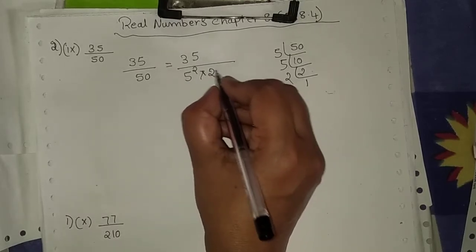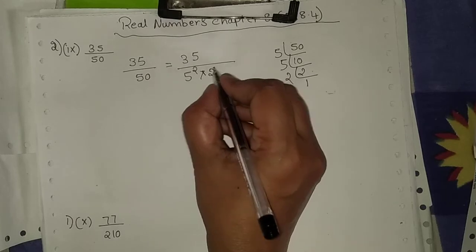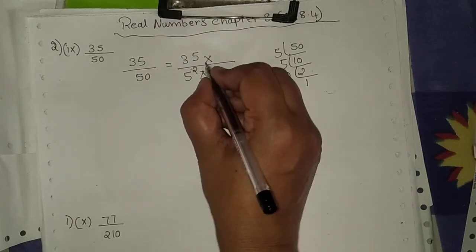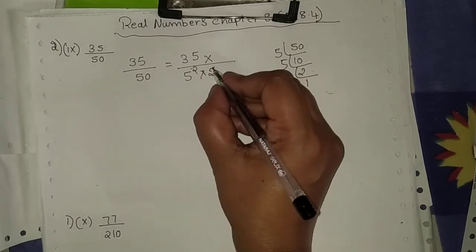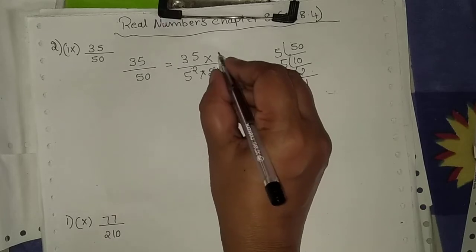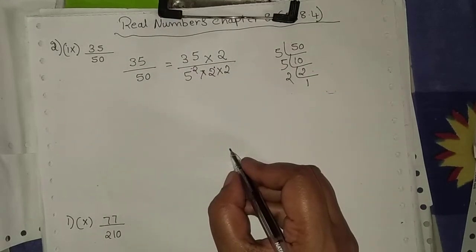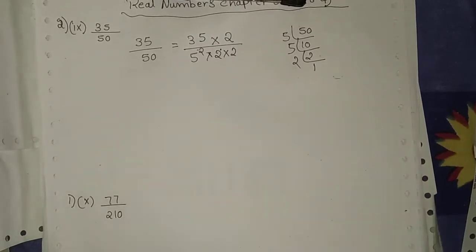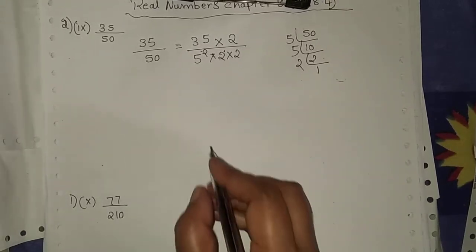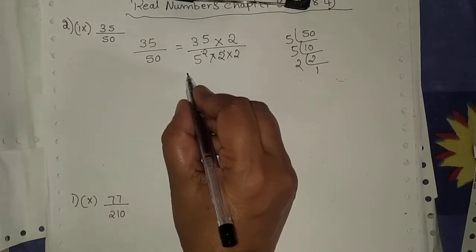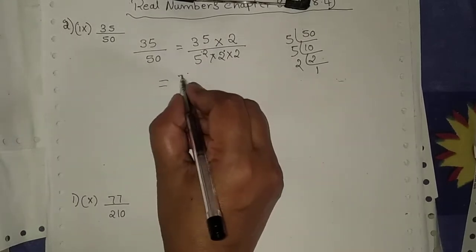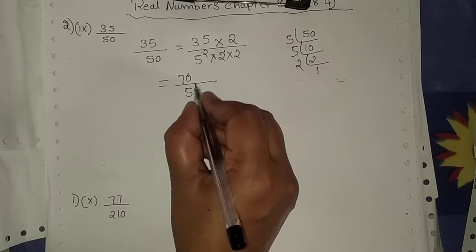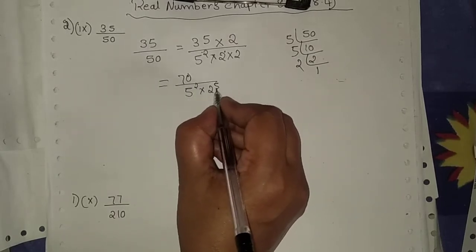So we have to make this power of 2 as 2, so we include one more 2 in the denominator. Therefore 2 in the numerator, we can now write it as 70 by 5 square into 2 square.